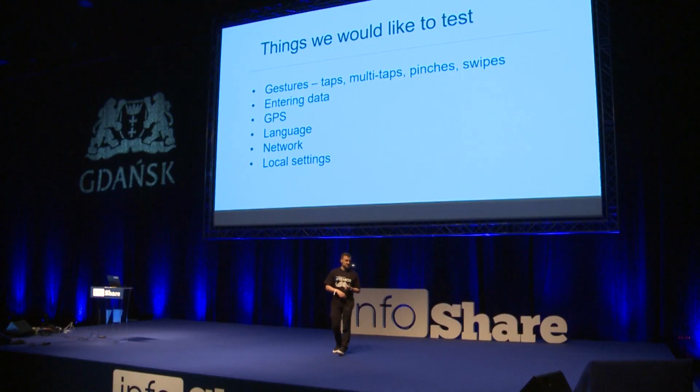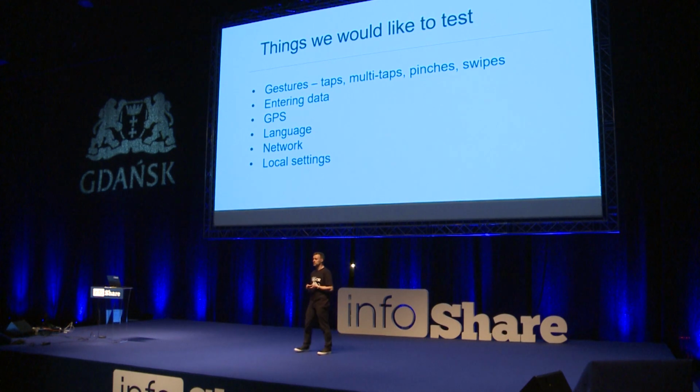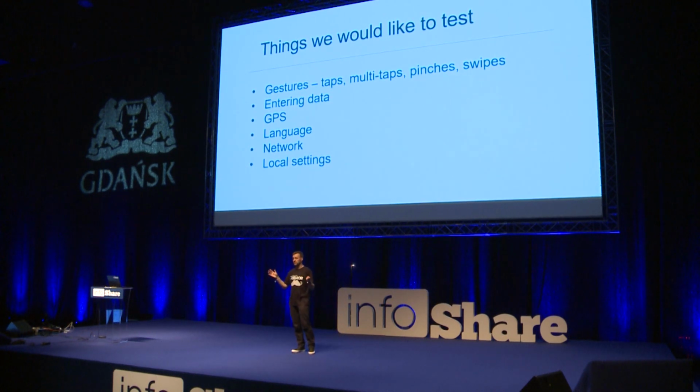GPS, because, for example, sometimes we would like to display for the user some things which are only available in some particular location. We don't want to, let's say, advertise a restaurant which is 1,000 kilometers away. So we would like to be able to simulate the position. Same with the language. Imagine you have an application which is available worldwide, and it should work properly in, let's say, 30 languages.